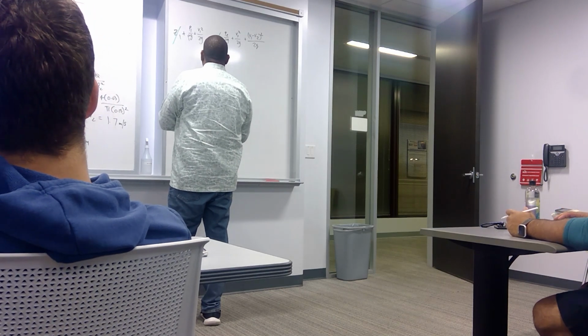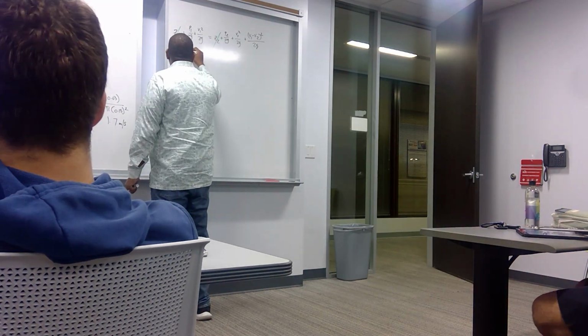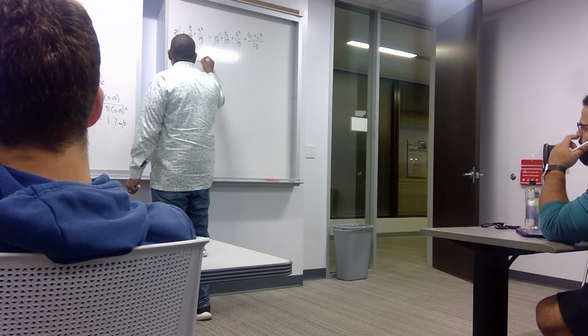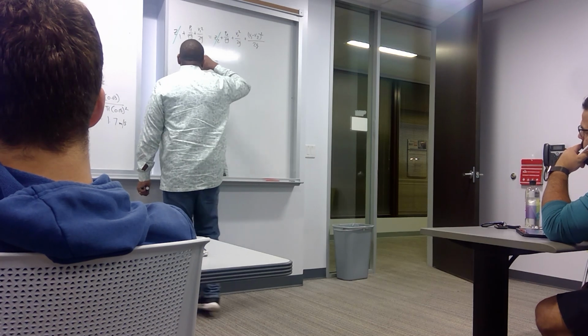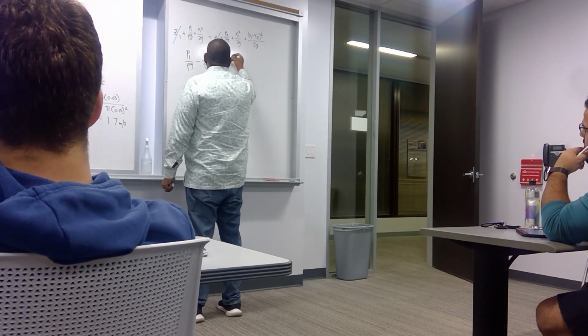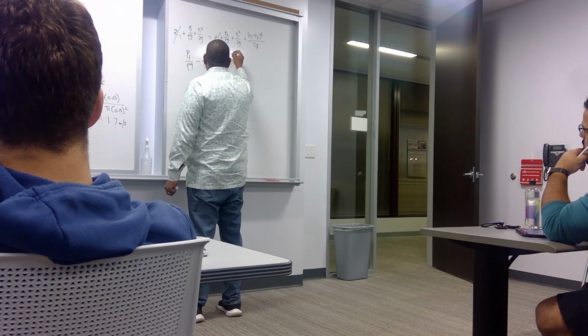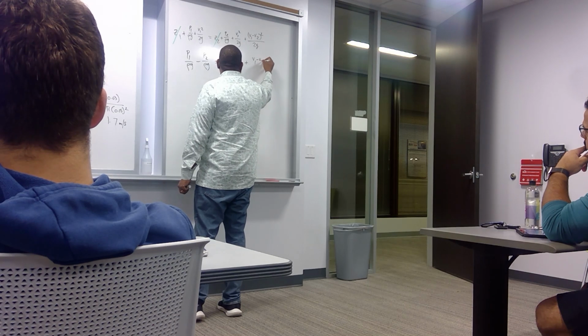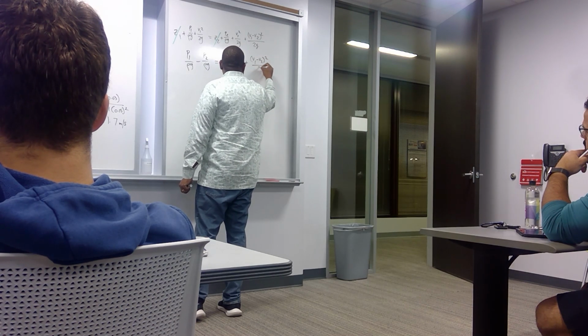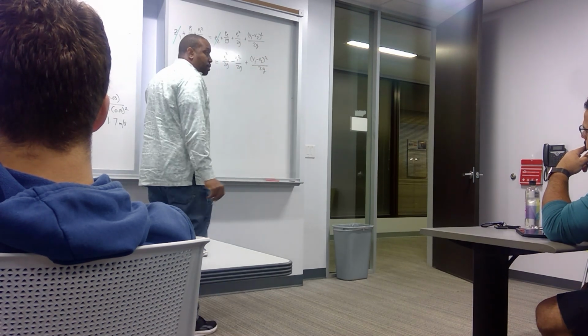So we want P1 is equal to V2 squared on 2G minus V1 squared on 2G plus (V1 minus V2) squared on 2G. Yes?